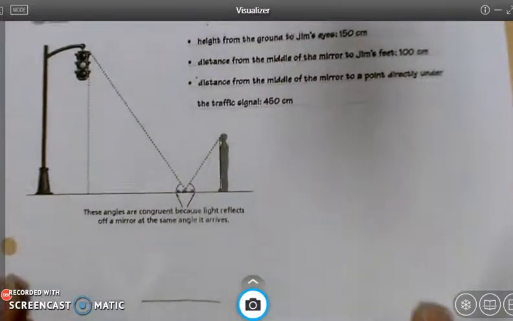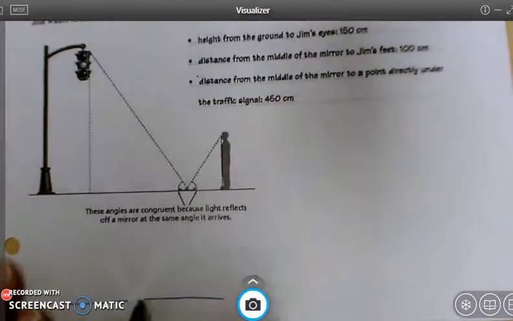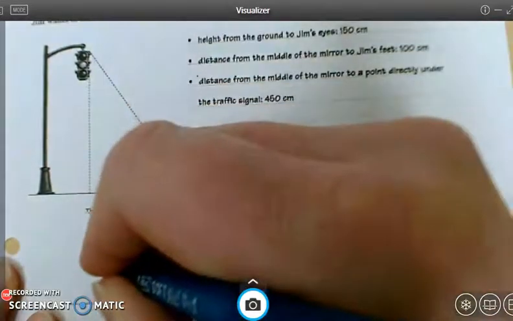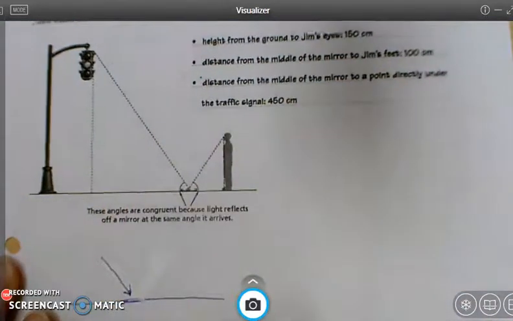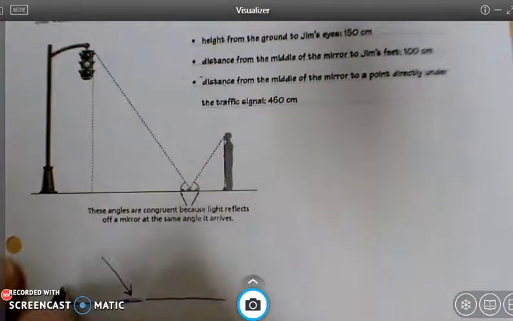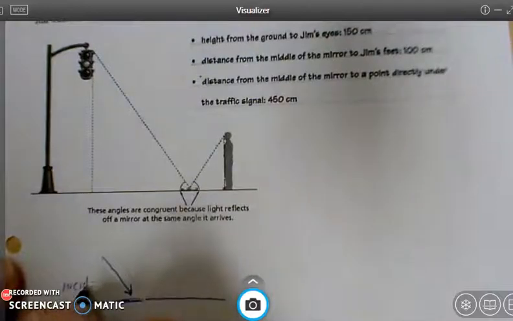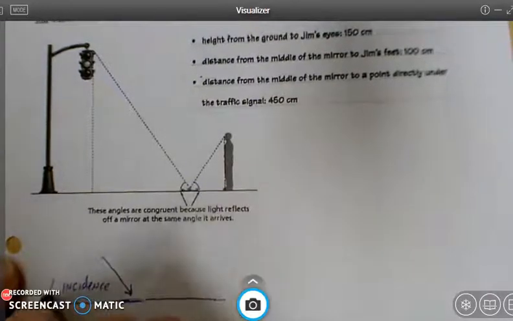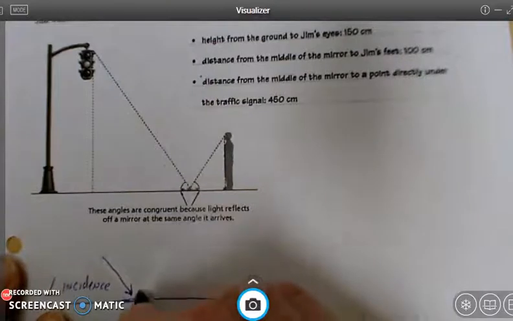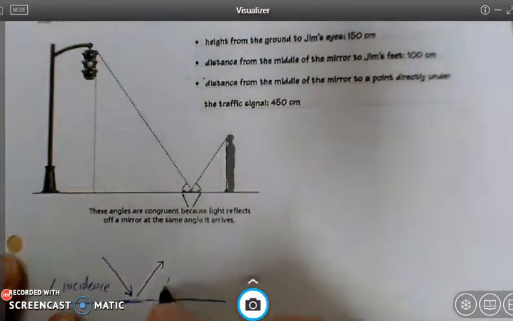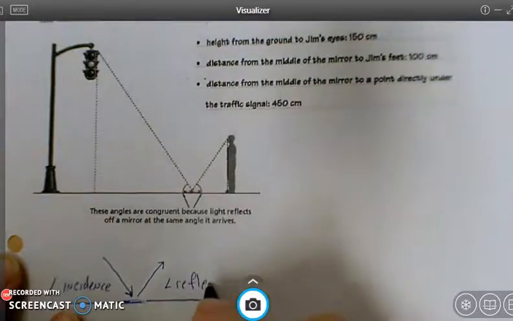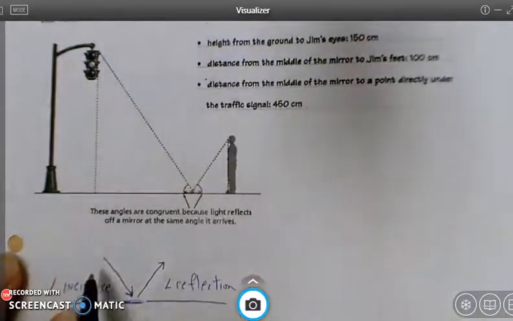What they're talking about here is a physics principle that says that the angle in which something moves into an object, into a reflection, is called the angle of incidence, is always going to be equal. It's always going to bounce in the same exact angle. It's going to be the angle of reflection. So that's a physics principle for you, that the angle of incidence is equal to the angle of reflection.